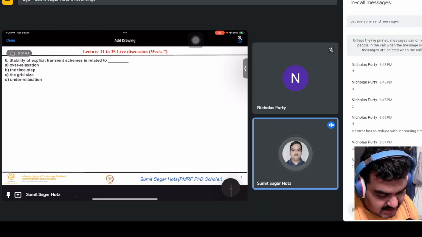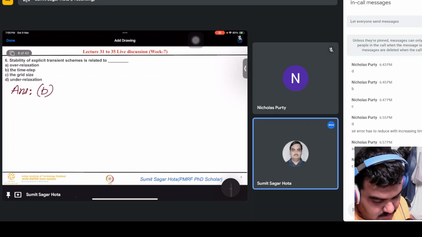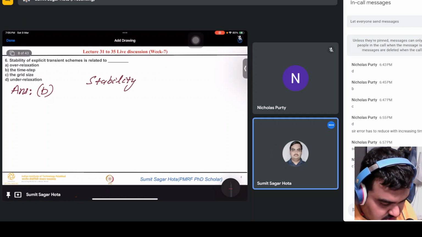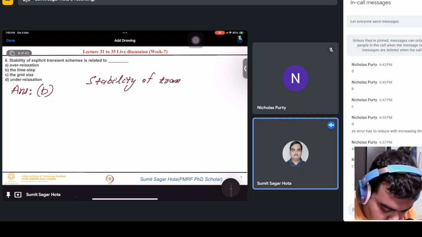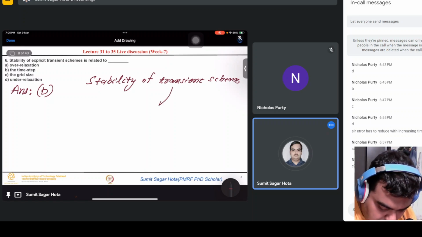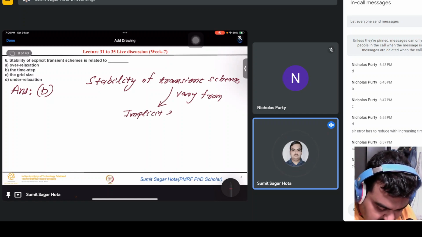For this question, the answer will be: stability of transient scheme varies from implicit and explicit scheme.